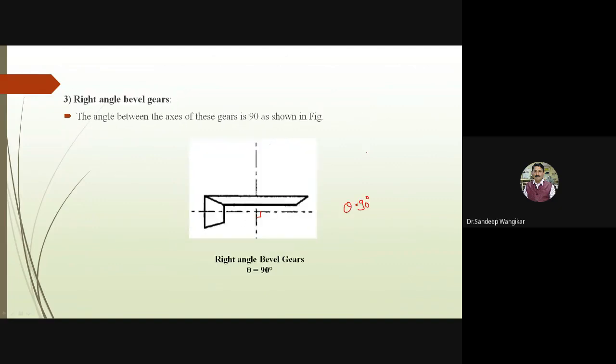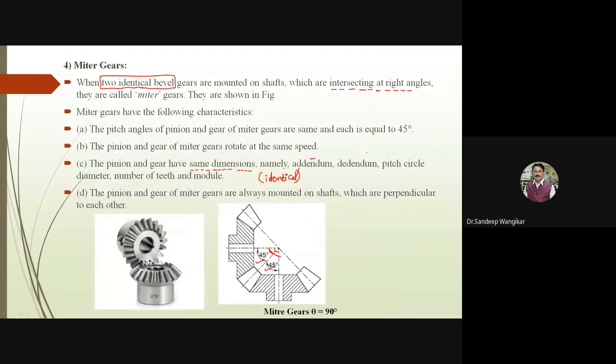When two identical bevel gears are mounted on shafts intersecting at a right angle, identical meaning same module, same number of teeth, same pitch circle diameter, same addendum, same dedendum, we call them mitre gears. Very important: the speed of pinion and gear for mitre gears is always the same.